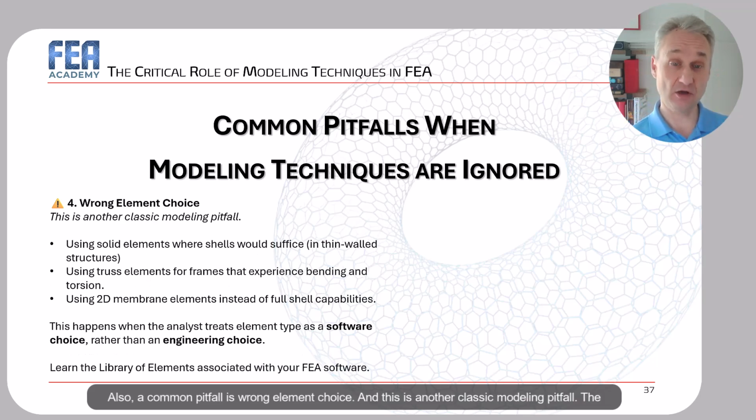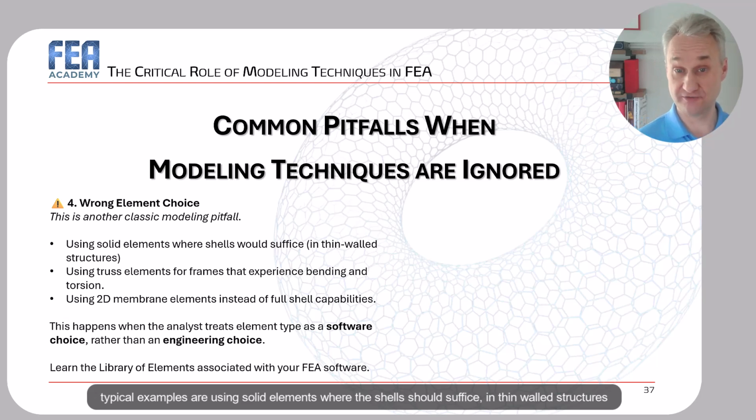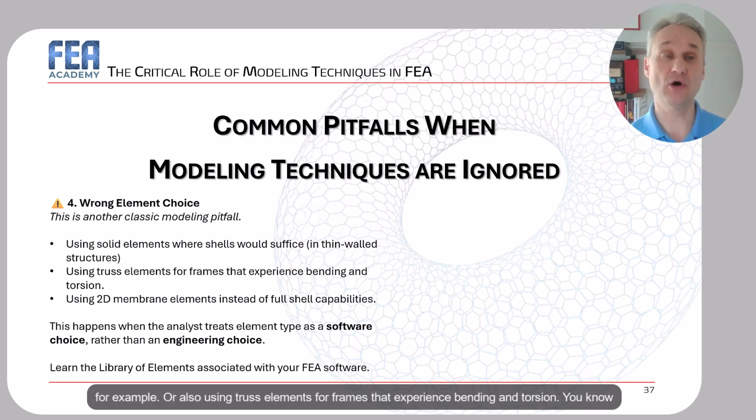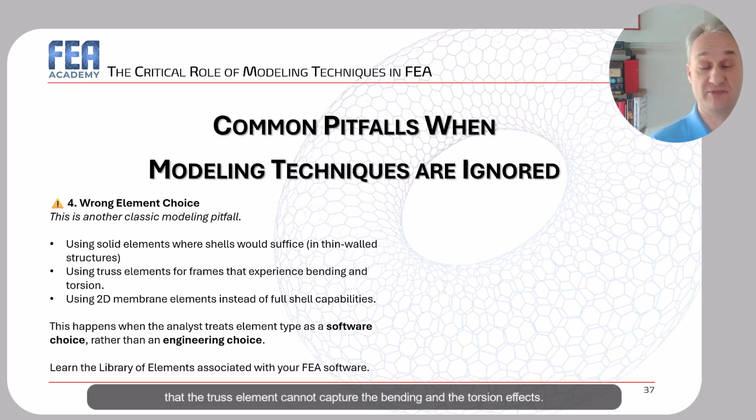Also, a common pitfall is wrong element choice. And this is another classic modeling pitfall. The typical examples are using solid elements where shells should suffice, in thin wall structures, for example, or also using truss elements for frames that experience bending and torsion. You know that the truss element cannot capture the bending and the torsion effects.